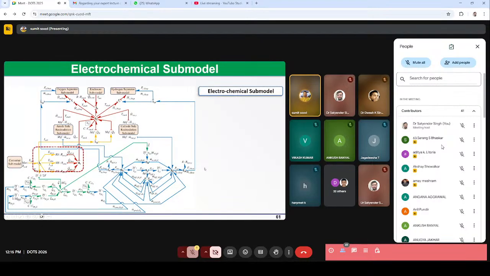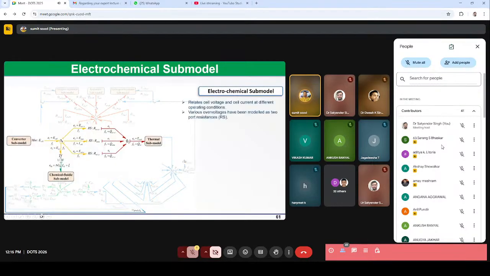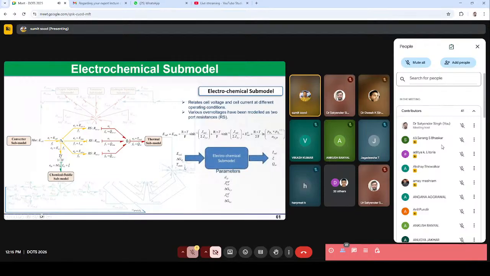This part is the electrical submodel, electrochemical submodel, electrothermal submodel, whatever you want to call it. You can see here this one junction, as we mentioned earlier, which means that the current through all these power bonds is equal, but the effort, that is the voltage, is different.